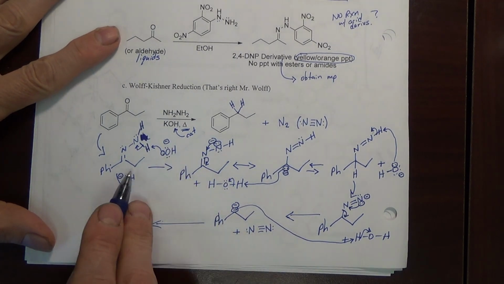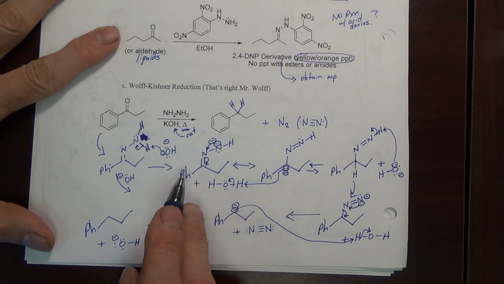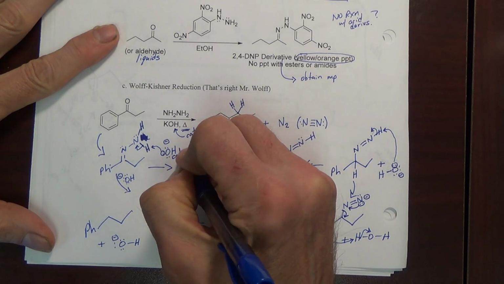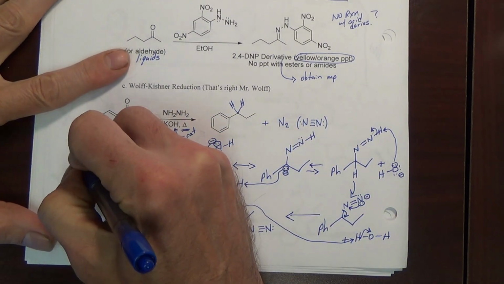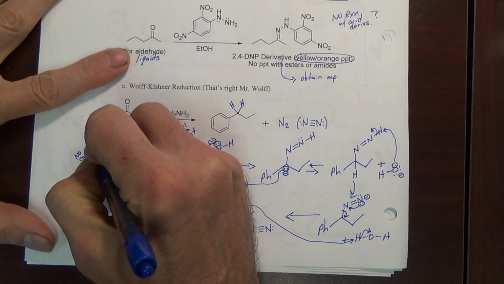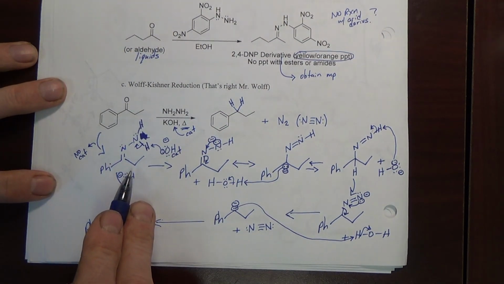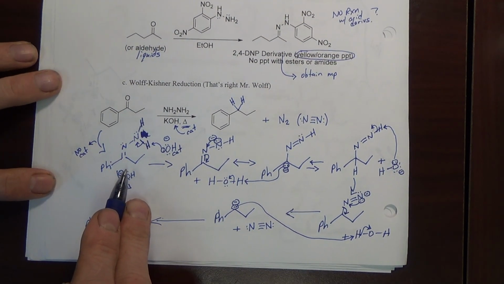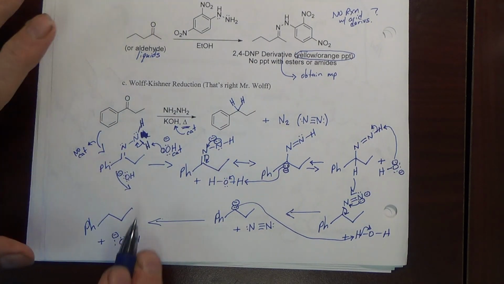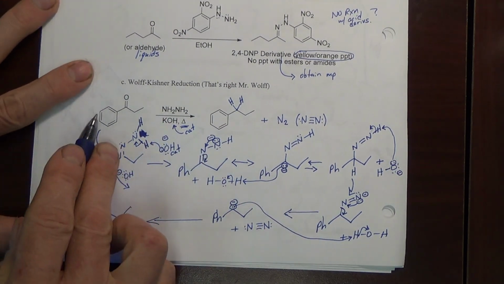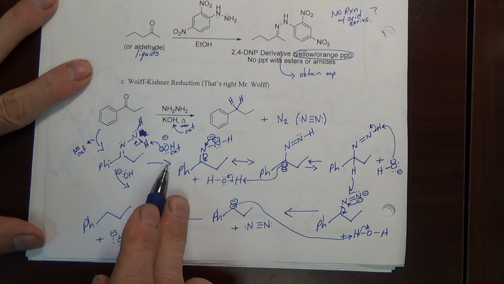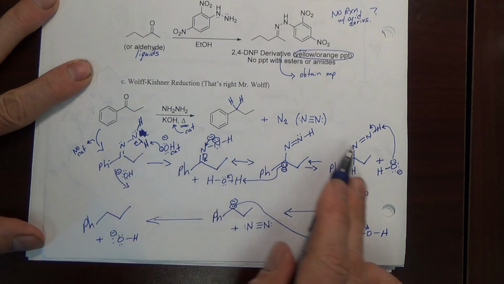But it's the catalyst for this part. Formation of the hydrazone could be acid catalyzed. There is no acid here, so there's no catalyst for that. The hydroxide is the catalyst from that point.